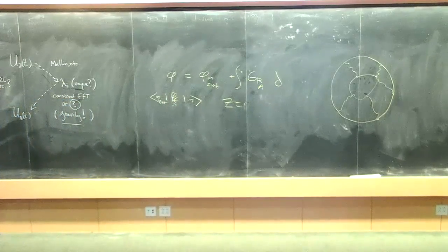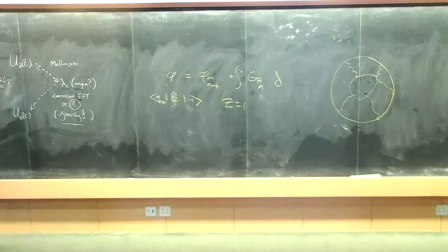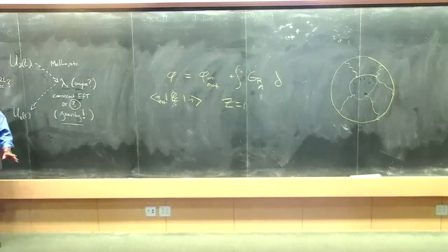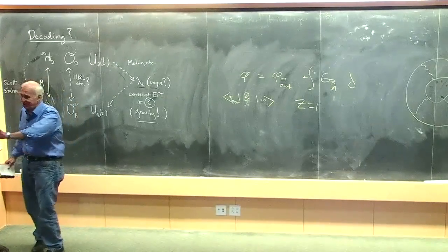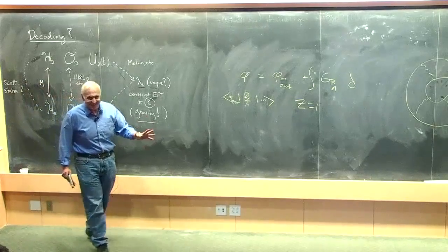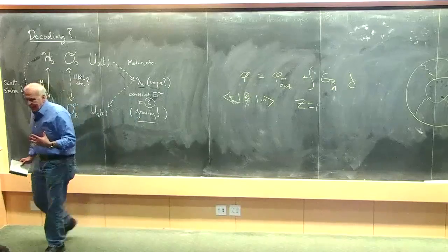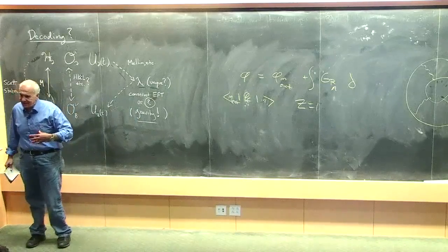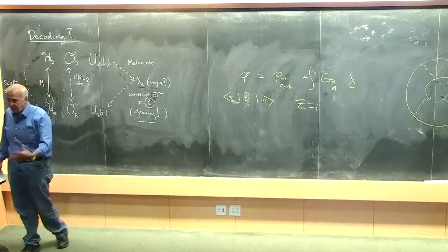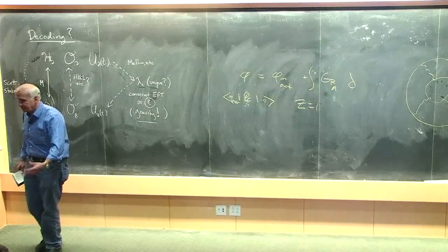Okay. Now, something that confused the hell out of me, back in 1998, but was explained to me by various people, some of them in this room, is that there are two ways in which the loop expansion appears in AdS/CFT.